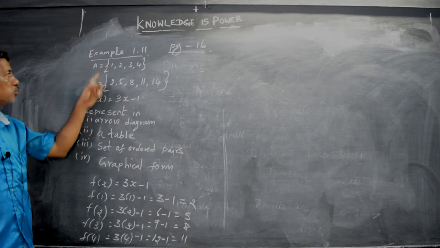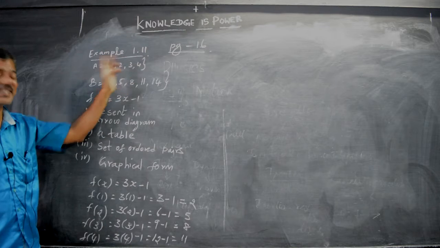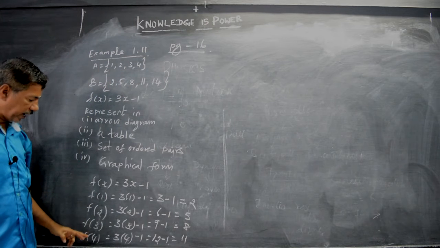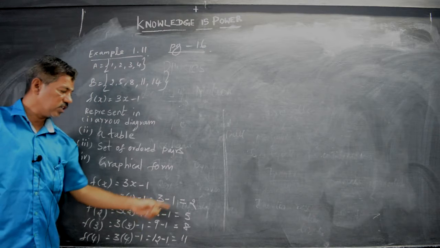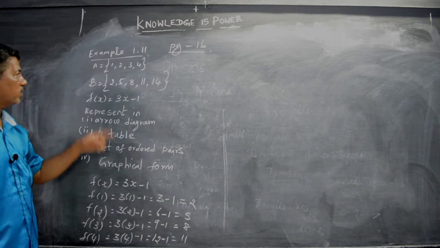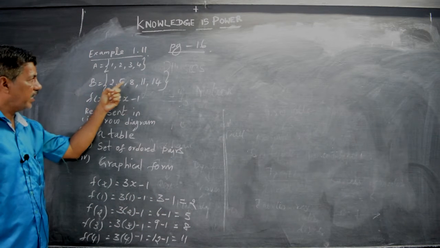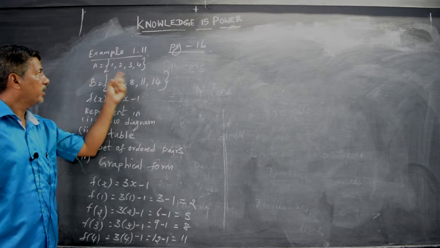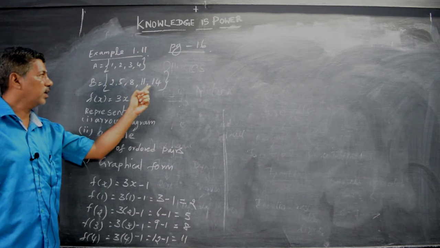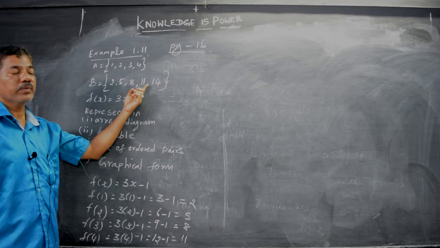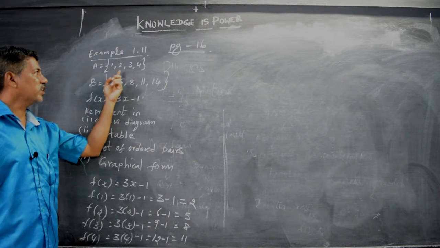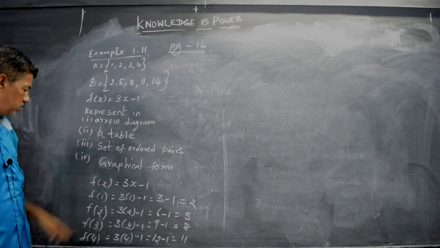So you substitute all the values of set A, 1, 2, 3 and 4, in place of x. You are getting 2, 5, 8, 11. Here there are only 4 values, but here there are 5 values. Definitely it is not possible to get a match, because see the difference here: 4 elements and 5 elements.